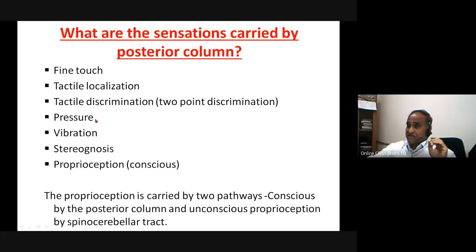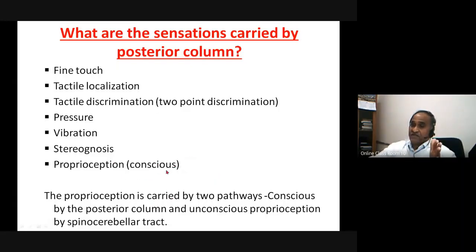Then pressure, which is not crude pressure but fine pressure, and the vibration sensation. Then stereognosis, which is the appreciation of the many attributes of a particular object. Then proprioception.